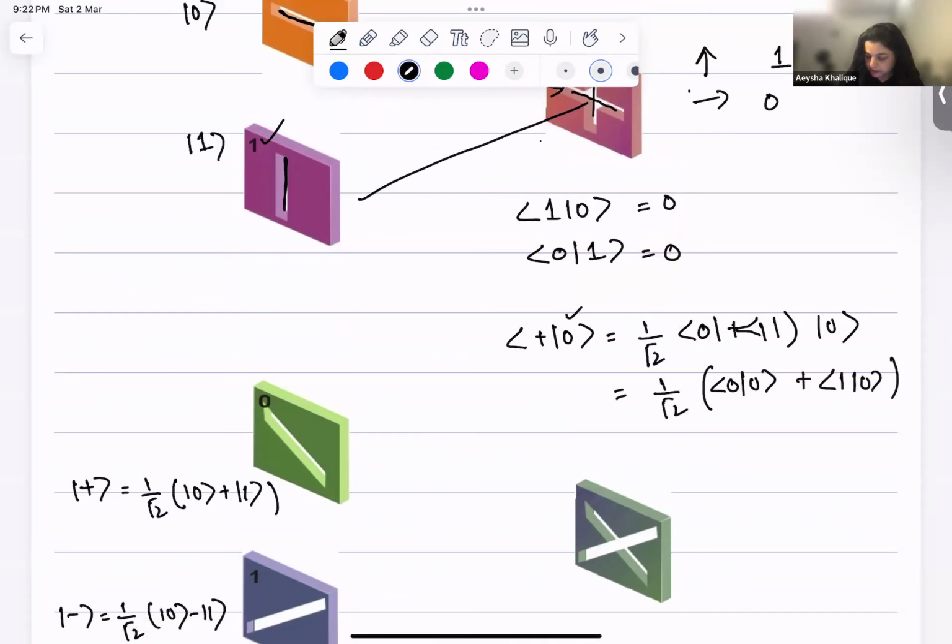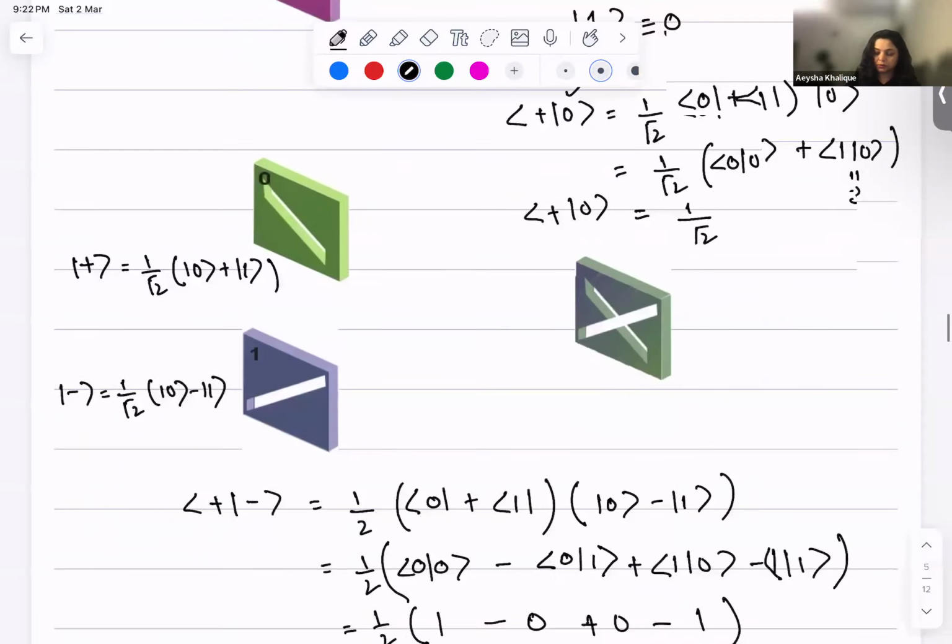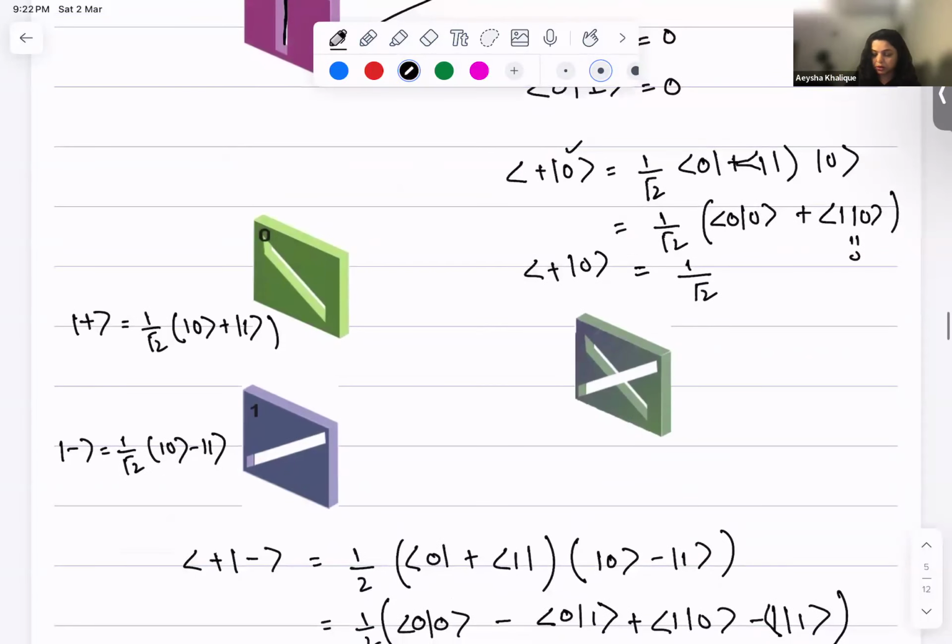The second term is 0, but the first term is not equal to 0, and it gives me 1 over root 2. So the inner product of plus with 0 is 1 over root 2, which means that plus is not orthogonal to 0. And similarly, plus is not orthogonal to 1, and minus is not orthogonal to 0.